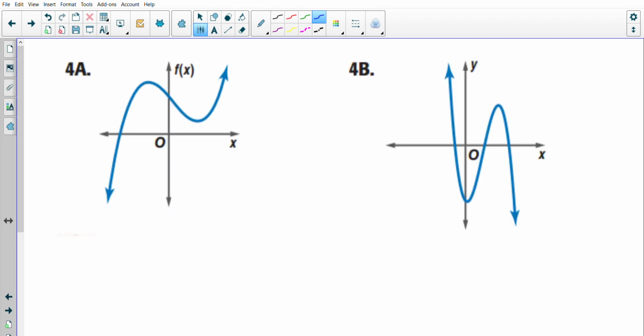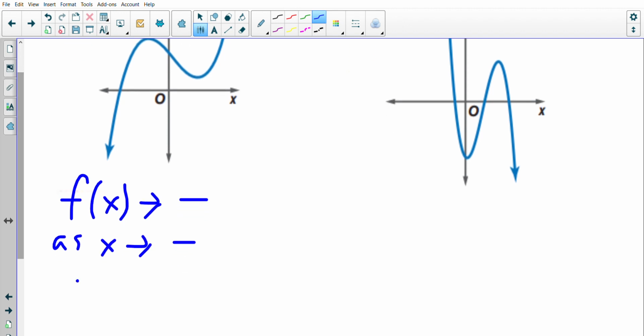Now we've got some going in different directions. We follow that chart. As you look back, notice they're going opposite directions, and look for the graph that mimics exactly what you've got. F of x is going down as we go left, so f of x goes to negative as x goes to negative, and f of x goes to positive as x goes to positive.